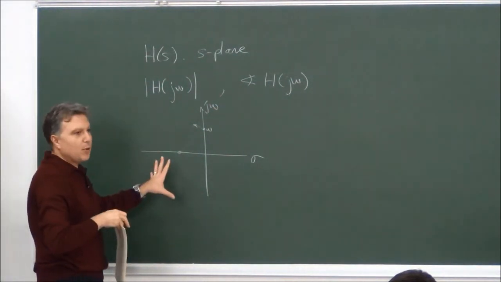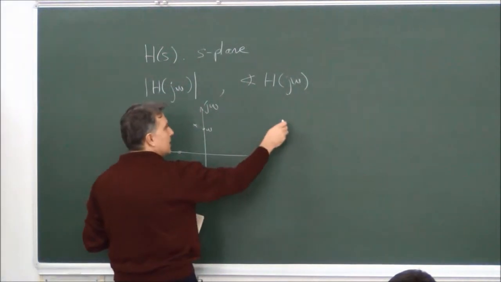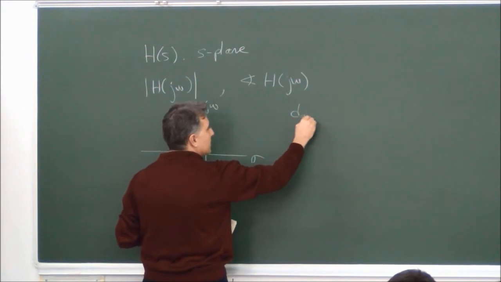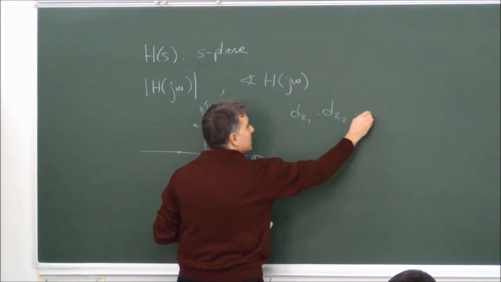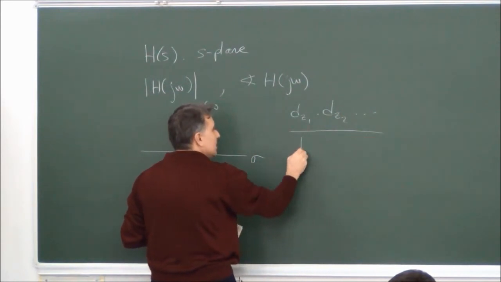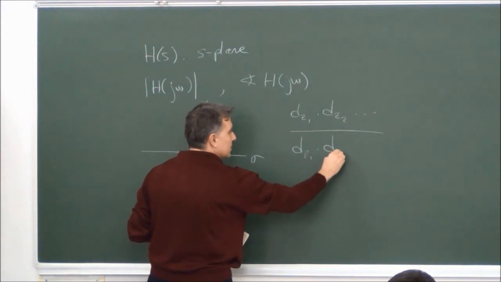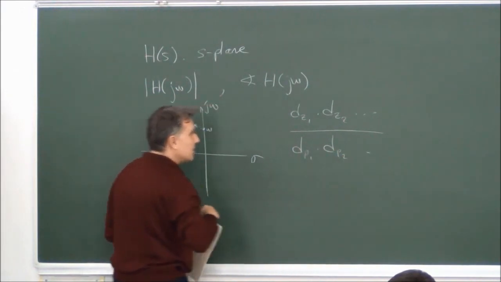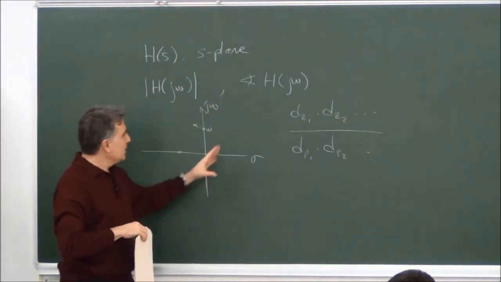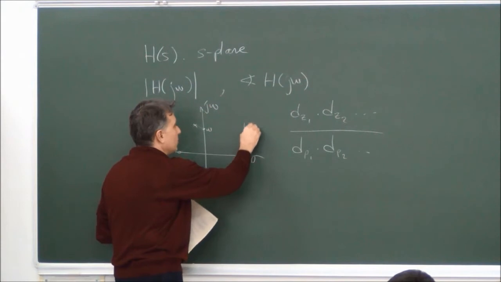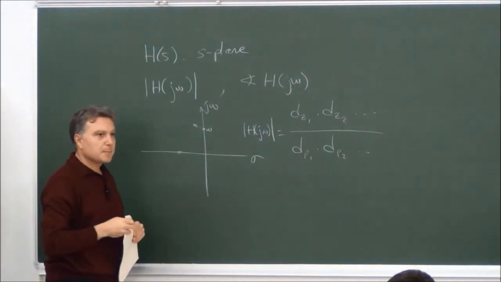If there are more than one poles and zeros, the distances from the zeros will be in the numerator: distance from zero 1 times distance from zero 2, etc., divided by distances to the poles: distance to pole 1 times distance to pole 2, etc. So if the distance to a pole becomes smaller, then the magnitude of H(j omega) will increase.